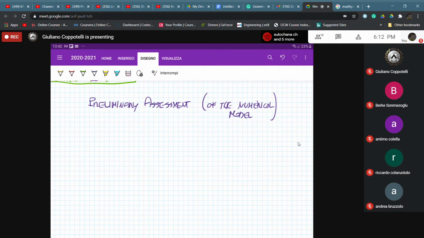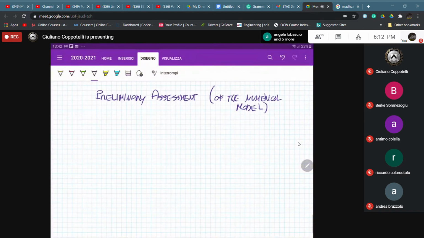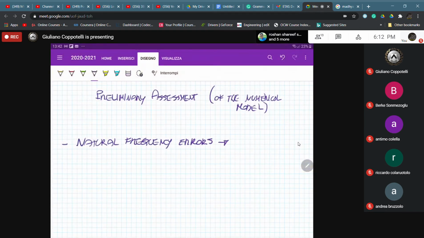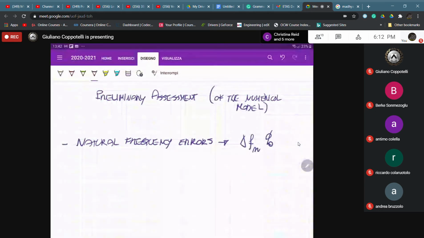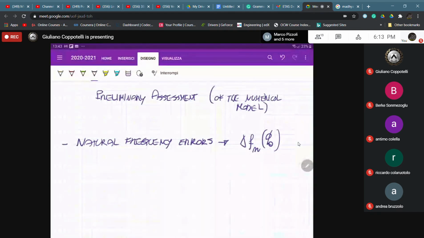Okay, so we can say that the natural frequency error is generally represented as delta natural frequencies, generally compared to the reference one, so they are given in a percentage representation.